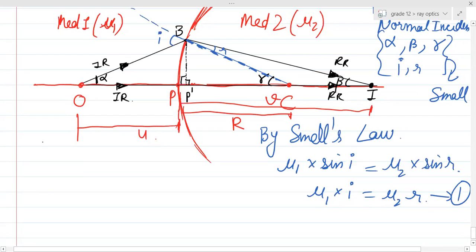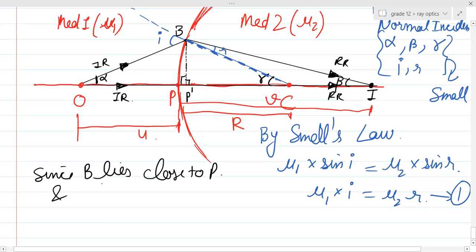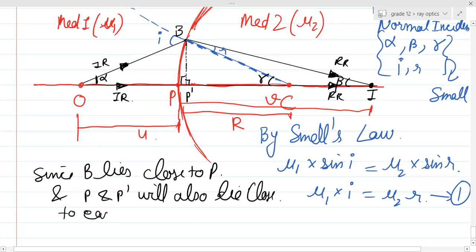Is there any doubt? Now since point B is close to P, hence P and P dash will also lie very close to each other. Since it's near normal incidence, B will be lying close to P, right?